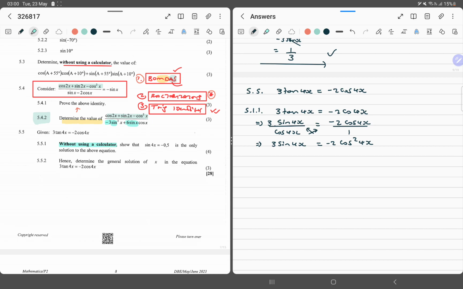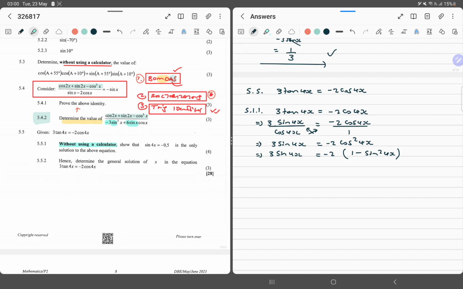Now we need to play it smart here. We're going to use our trig identities here, because now we want to make this thing look like sine 4x. Can we? Yes, we can. So we've got 3 sine 4x is equal to minus 2 into cos squared 4x, which is the same as 1 minus sine squared 4x, from double angle identities from grade 11.